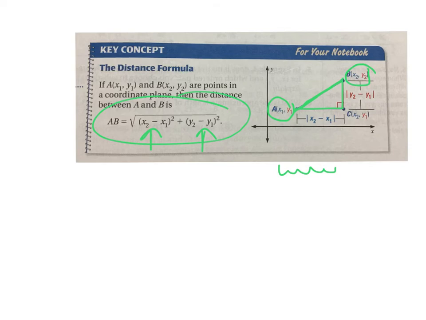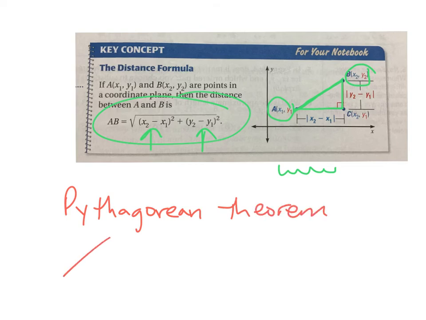Real quick, how they figured out how to solve this distance formula is from the Pythagorean theorem, which when you're dealing with a triangle, a squared plus b squared equals c squared. A squared plus b squared equals c squared.